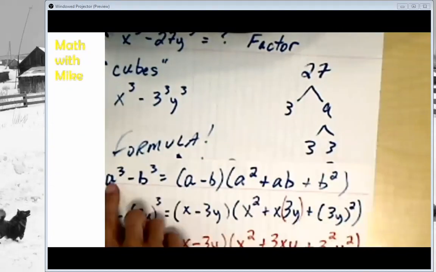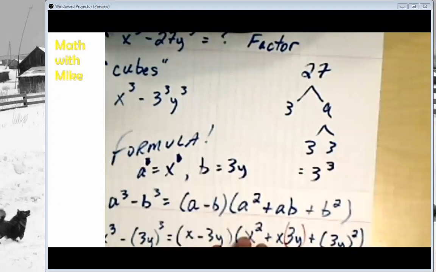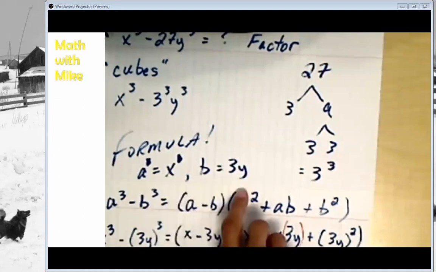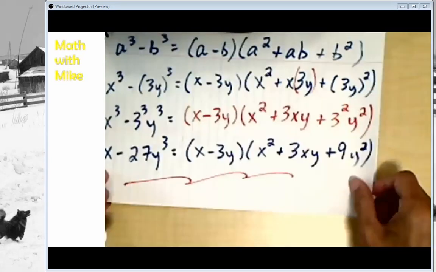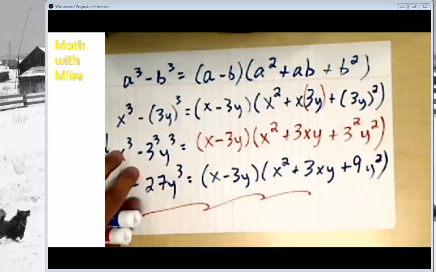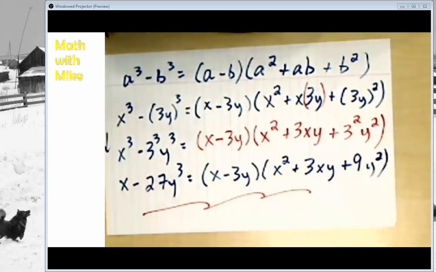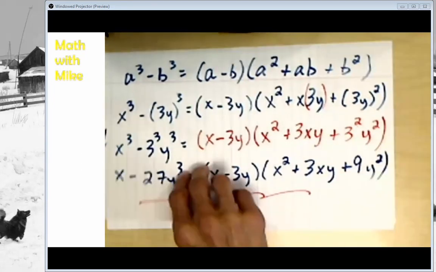A cubed minus B cubed. Remembering that A is replaced with X, B is replaced with 3Y. Watching the exponents, we get this, our final answer. Okay. All right. That were those two.